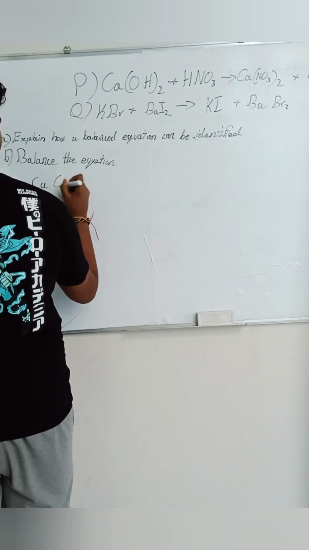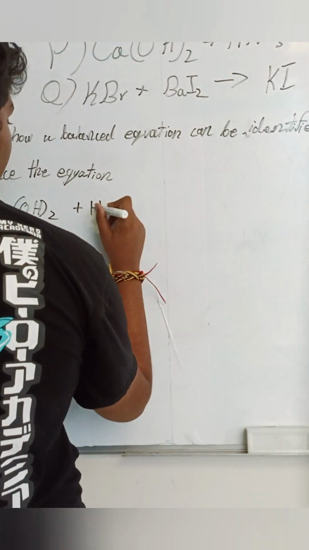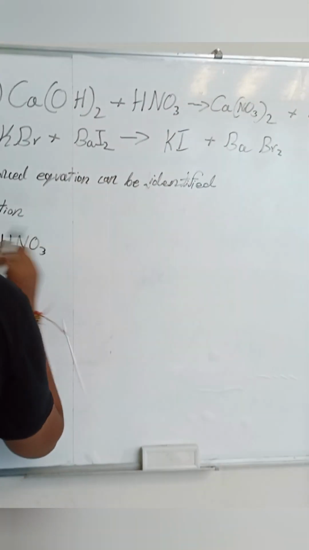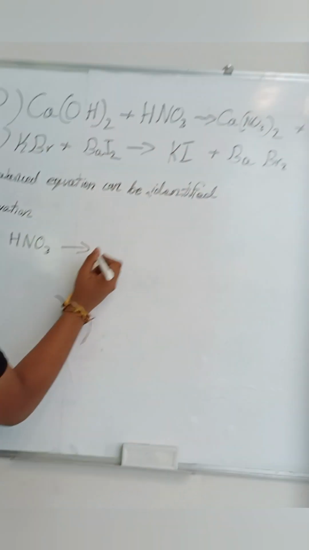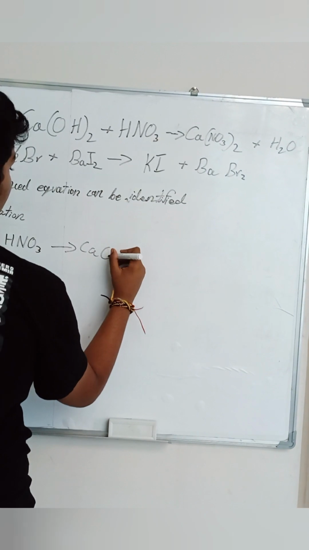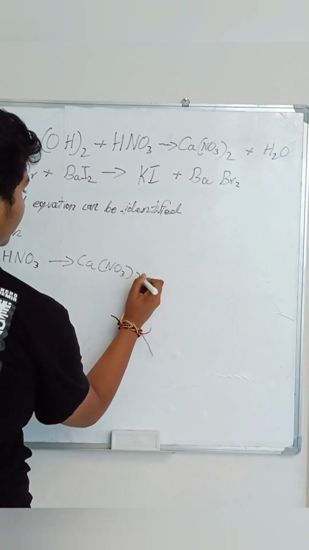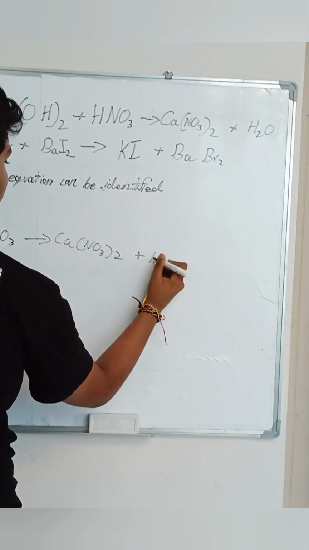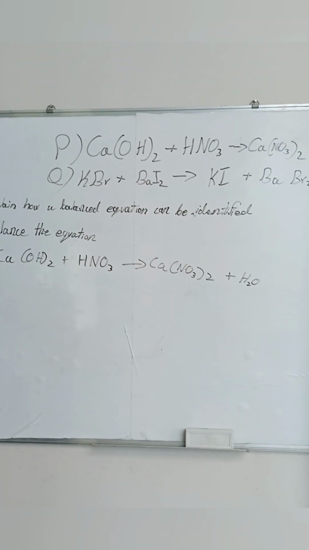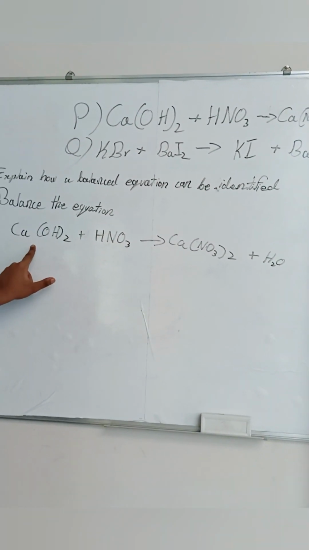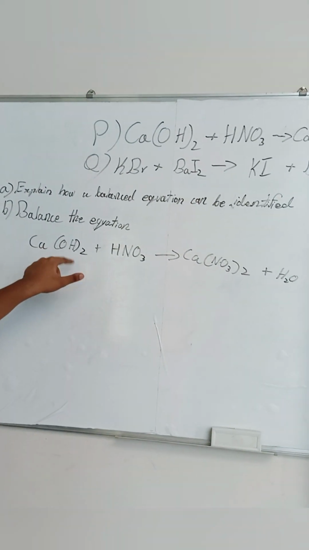Ca(OH)2 plus HNO3 gives Ca(NO3)2 plus H2O. So tell me, how do you balance this equation? Here it is 1 calcium, OH twice, that will be O2H2.